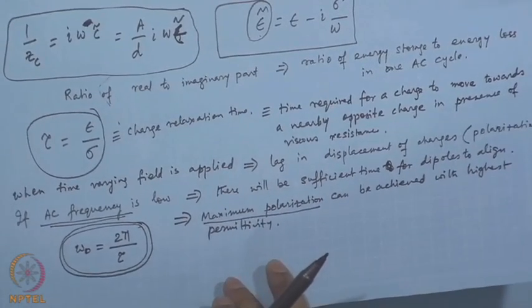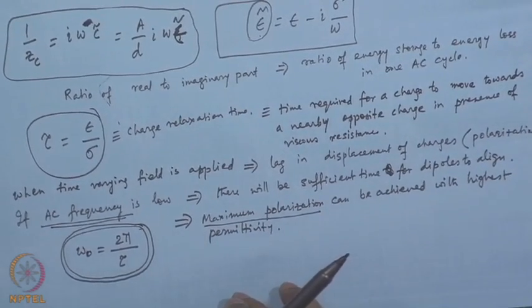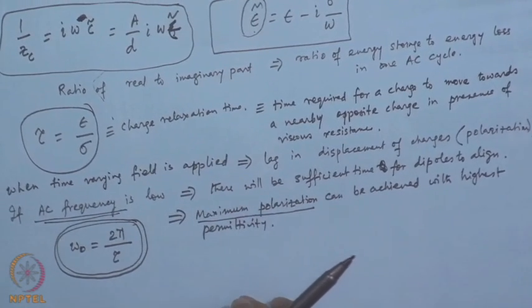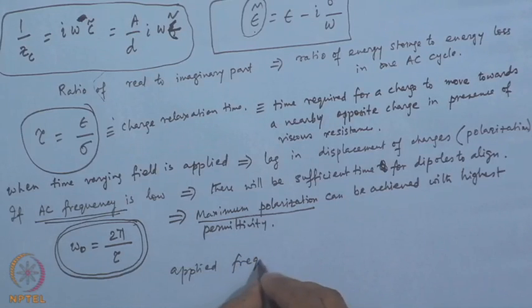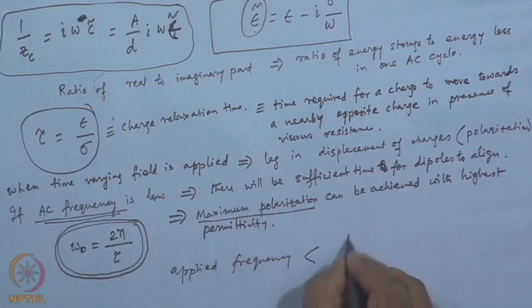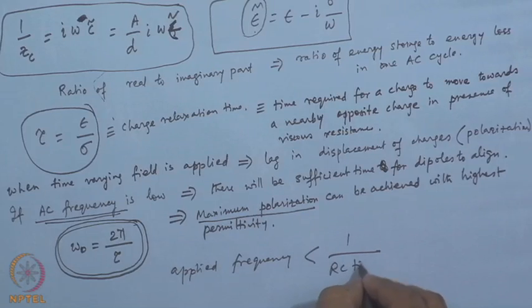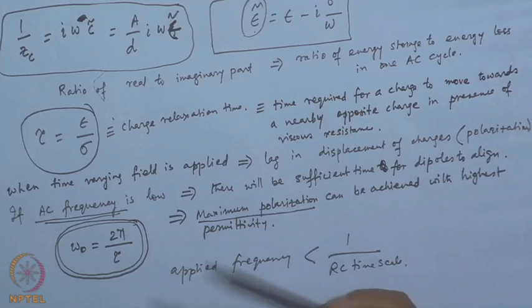What we basically have to ensure is that the applied frequency has to be less than this 1 by RC time scale. That is the threshold one that we have to address.